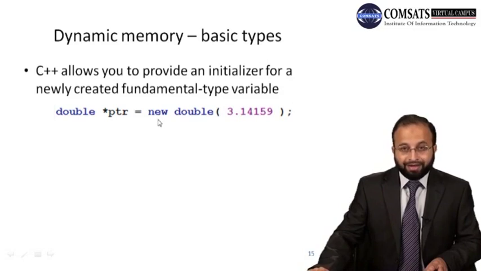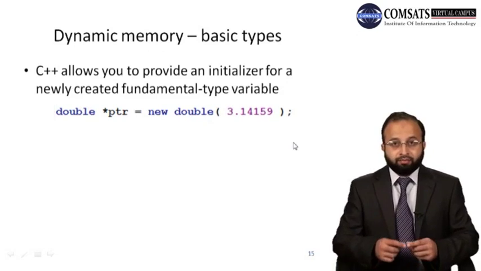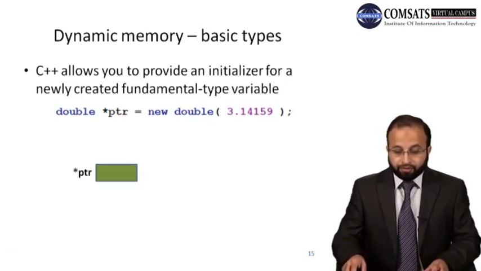With the new operator it creates a memory of type double, and the value stored in that memory is 3.14159, right? So first it allocates memory for a double, that is 8 bytes, and stores the value 3.14159.